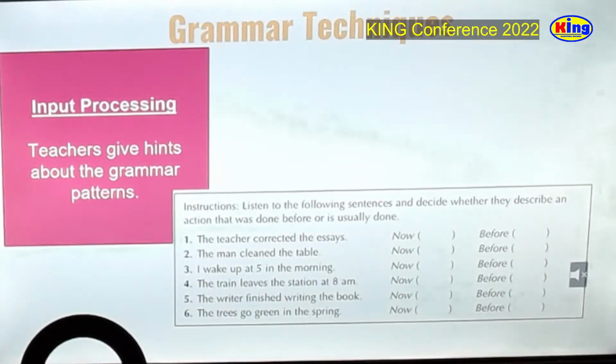There is a worksheet, and for number 1, the teacher gives a clue about the time form. Is it now or before? For number 1, the teacher corrected the essay. Oh, corrected is the past form. So is it now or before? The student can think about it when the teacher only gives a clue, a simple clue: now or before.